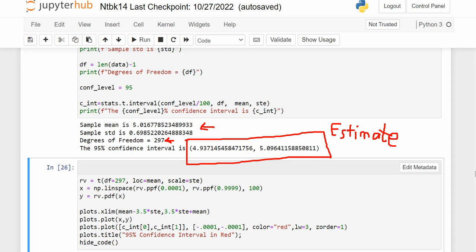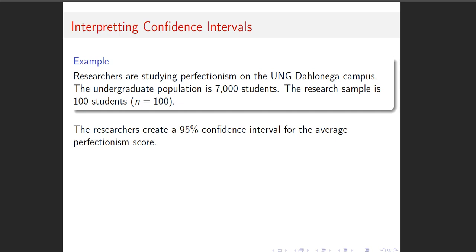Now, I just said something that's not quite right. And I want to talk about this. What exactly does this mean? Okay, so the whole idea is to use the sample statistics to estimate what the population average is.